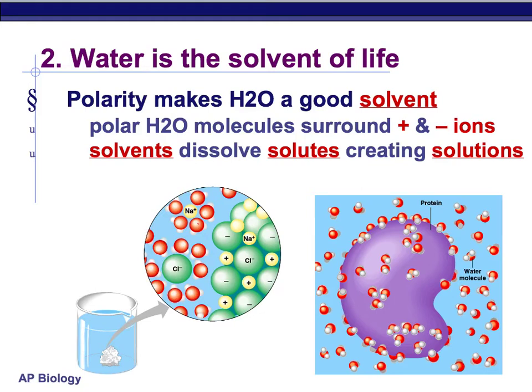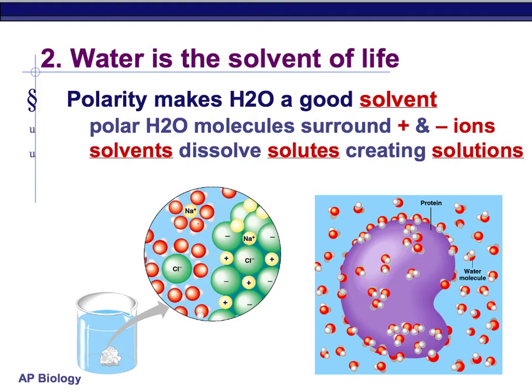When you drop salt in water, those water molecules start pushing their way through the sodium molecules and the chlorine molecules. Notice that sodium is positive, so what water does is it surrounds the sodium with its oxygen end because oxygen is negative. The positive sodium is attracted to the negative oxygen.